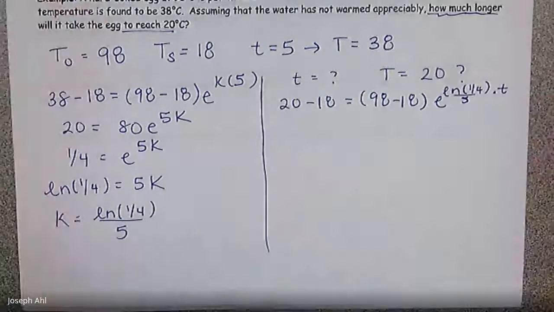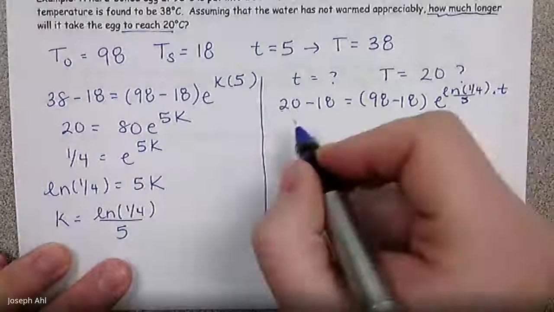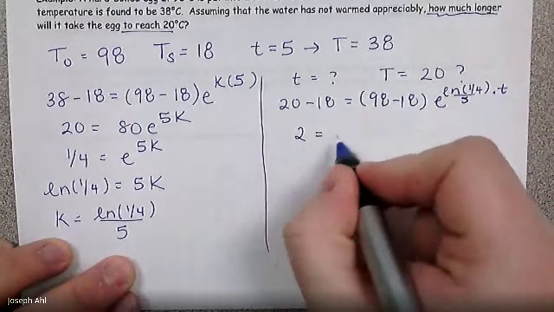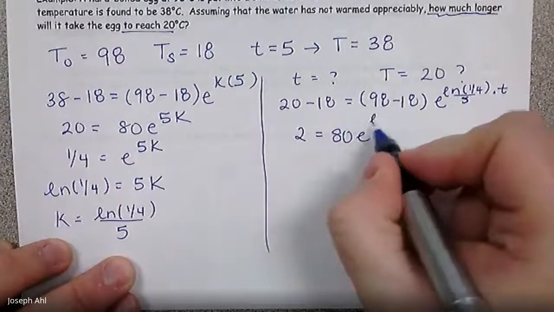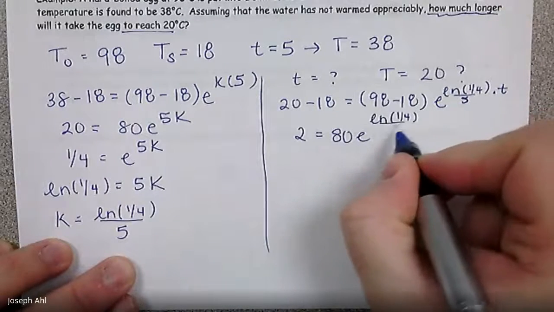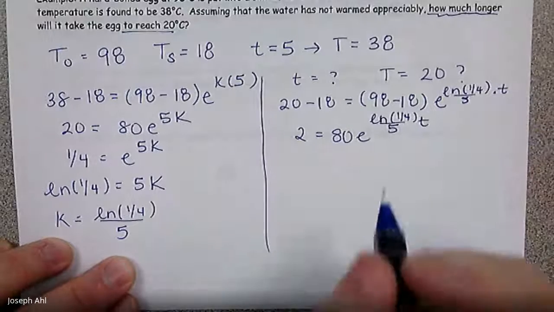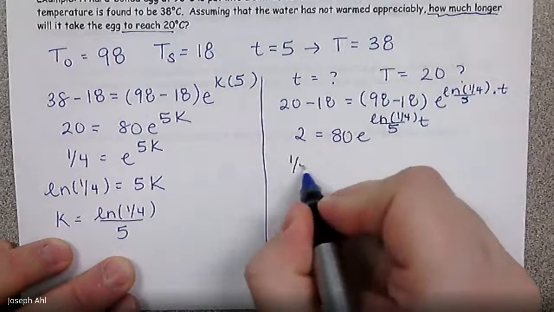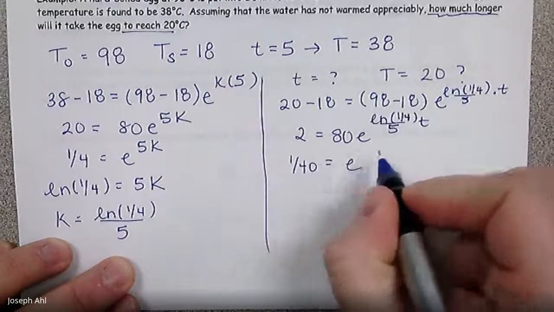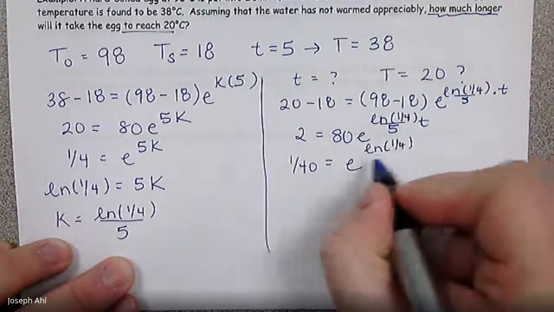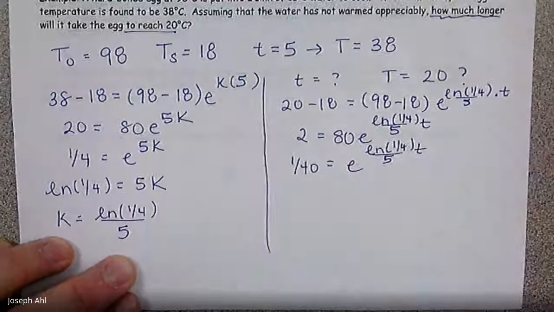And we're solving for how much time that takes. Okay. So from here, we're going to get 20 minus 18 is 2 equals the 80 e to the ln of a quarter over 5 t. Divide the 80 over, so that's 1/40th equals e to the ln of a quarter over 5 t.